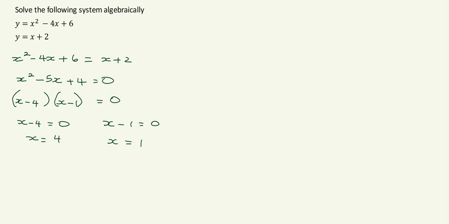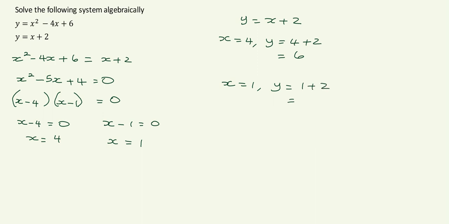So now we're going to use y equal to x plus 2. So what that means is x equal to 4, y equal to 4 plus 2, which is equal to 6, x equal to 1, y equal to 1 plus 2, which is equal to 3. So for our solutions, we have 4, 6.